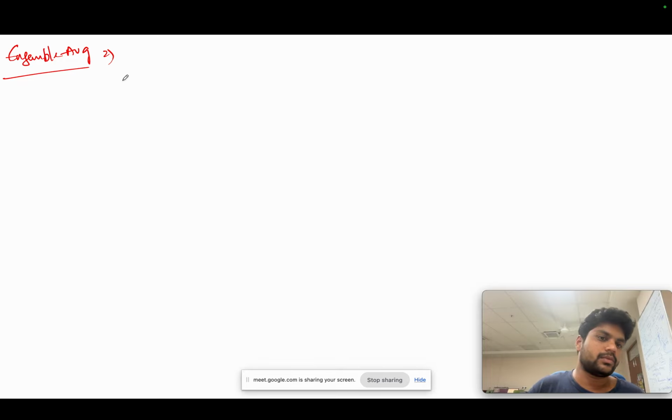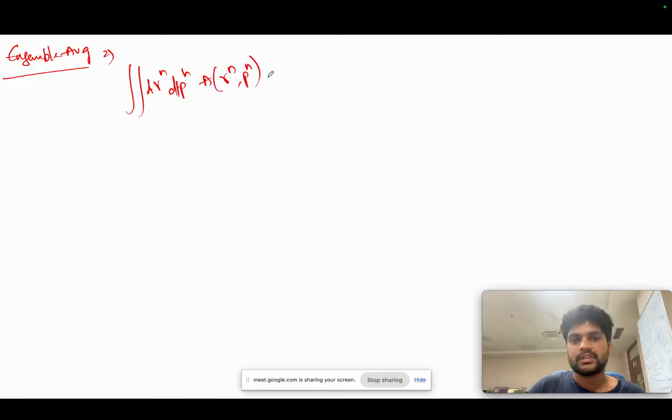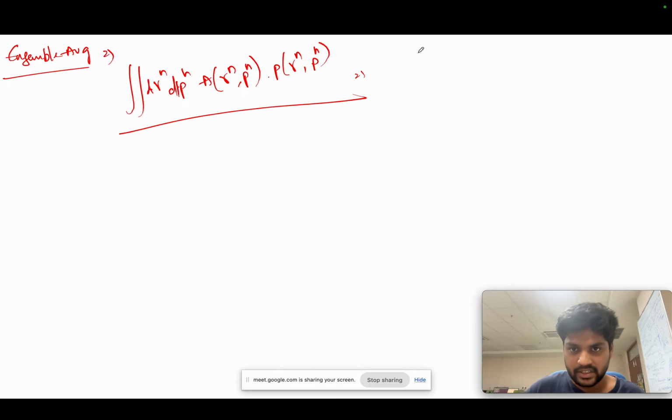So the ensemble average will be the change in the position of the n particles and the change in the position of the n particles of the system with respect to the probability. So this is the formula. I will rewrite it.